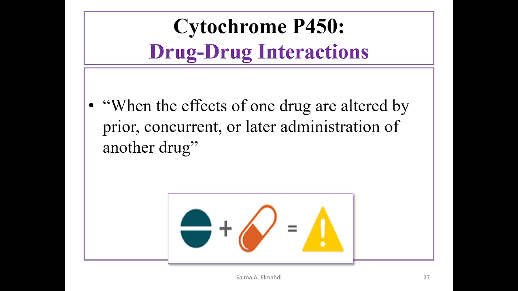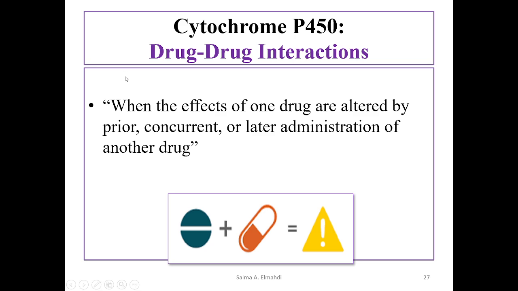Drug-drug interaction means the effects of one drug are altered by prior, concurrent, or later administration of another drug. So we say that there is drug interaction when drug A is affected by drug B or vice versa.